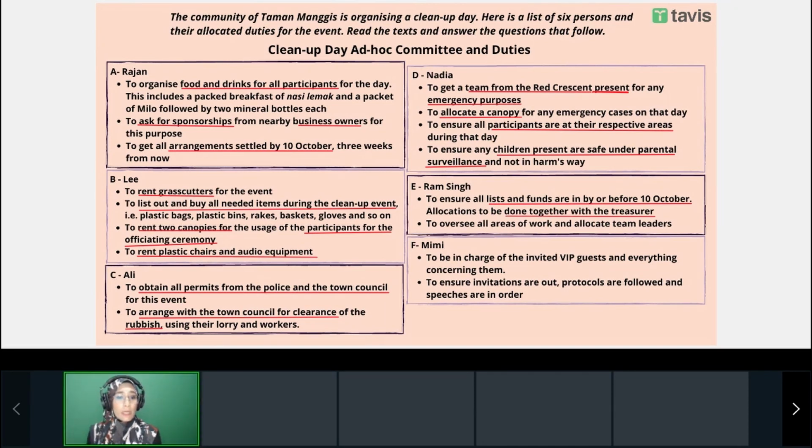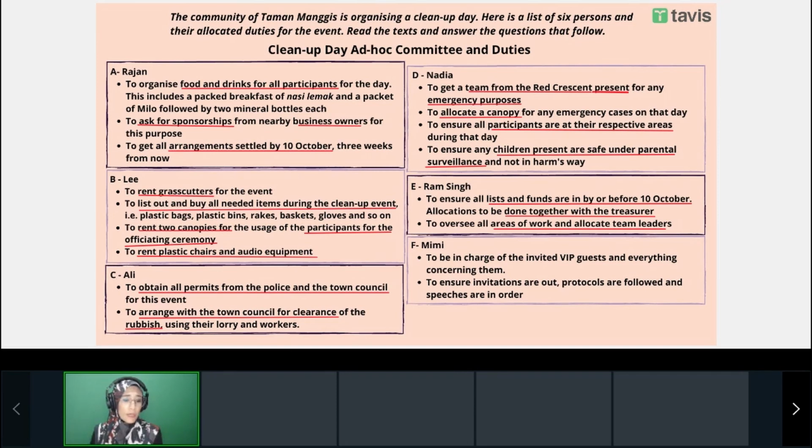All right. He is to also oversee all areas of work and allocate team leaders. So he is going to look over the work and also the team leaders. So he is more likely on the management side. So he is managing the list and the funds.